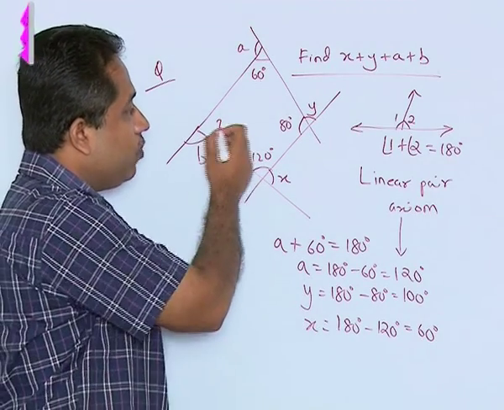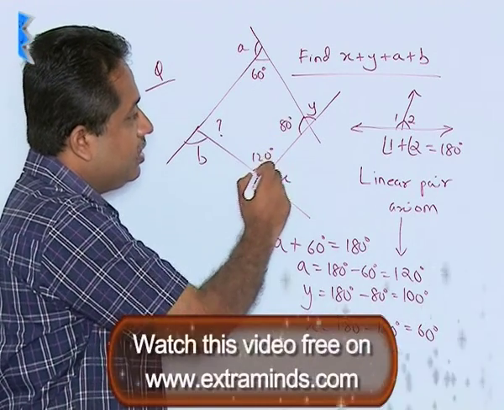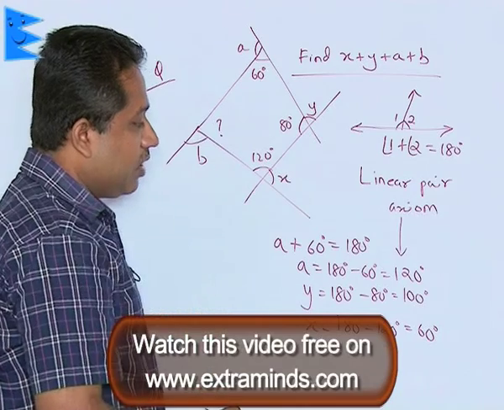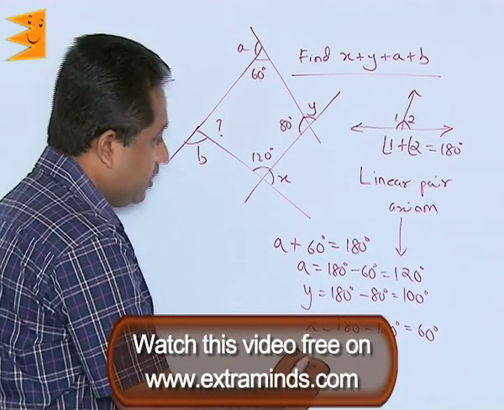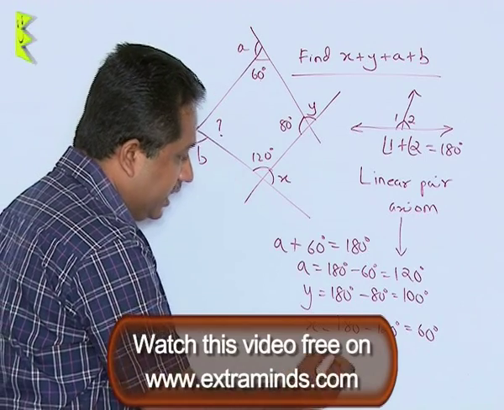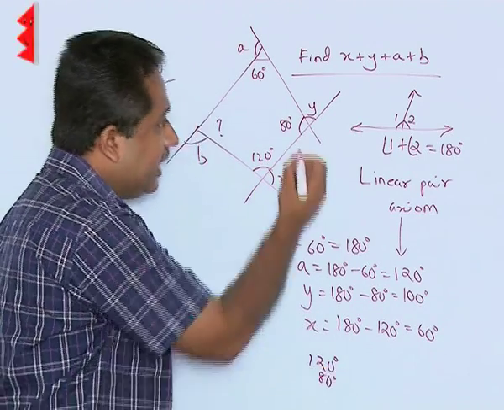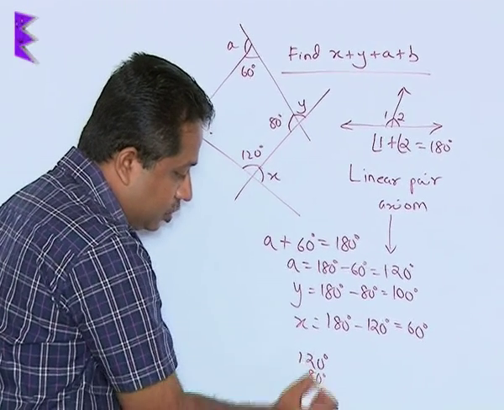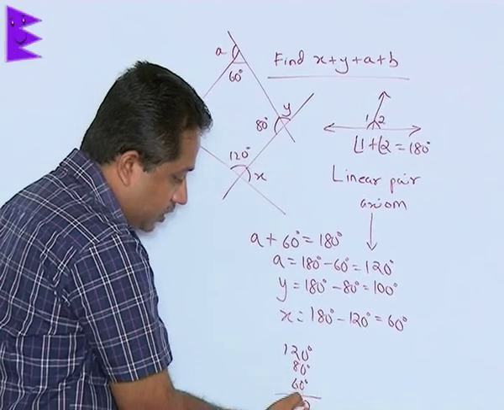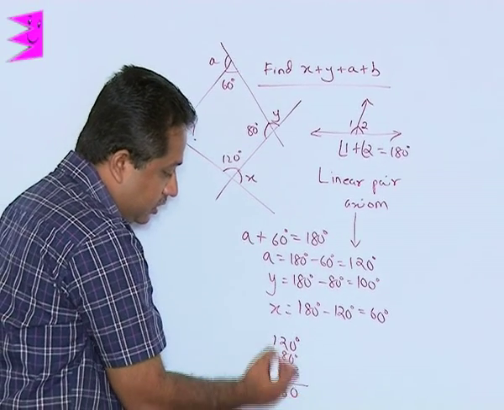How do we find the fourth angle? Because these three angles are given and we know that the sum of angles of a quadrilateral is 360. So, we add 120, the first angle, plus 80, the second angle, plus 60, the third angle. 0 here, 6 plus 8 is 14 and 2 is 16, 1 carried over.